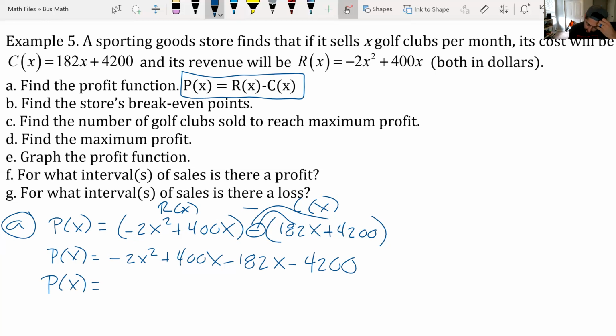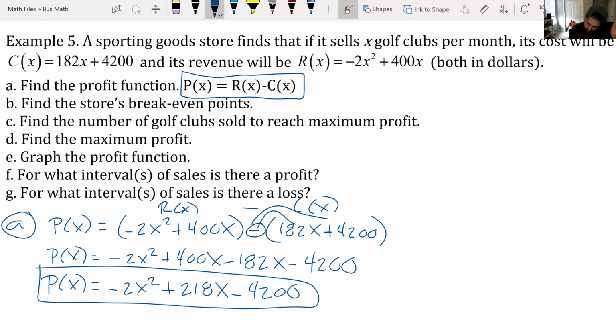P of X equals negative 2x squared, 400 minus 182 is 218x minus 4,200. This is our profit function. B is done. Okay.